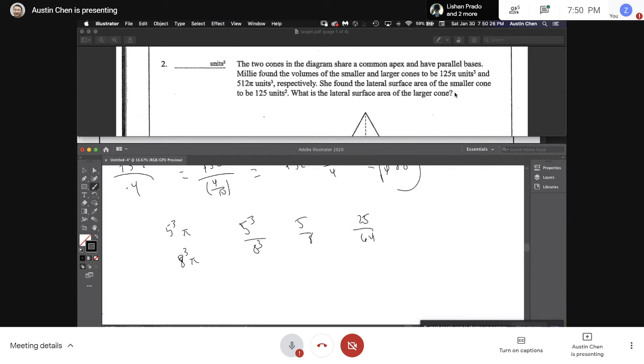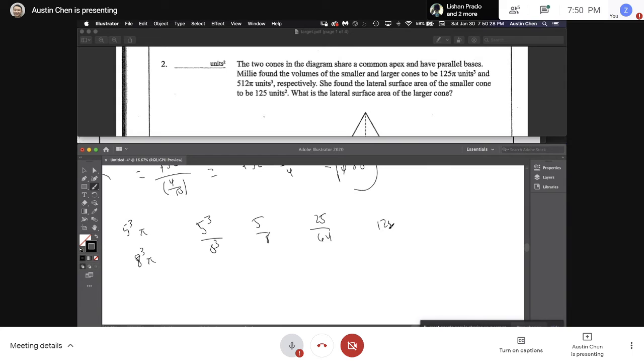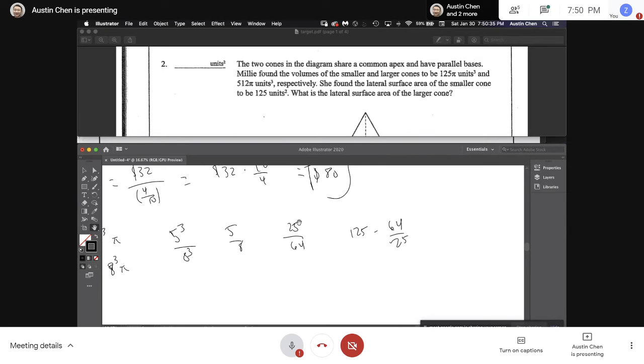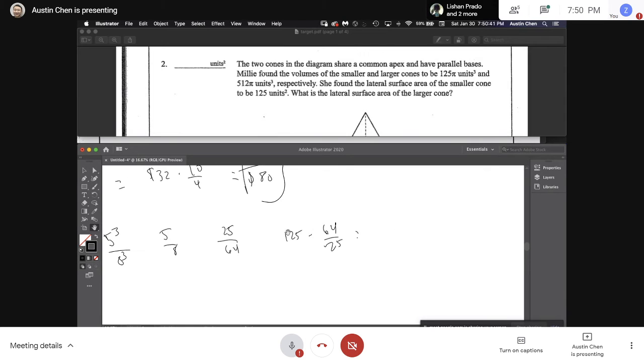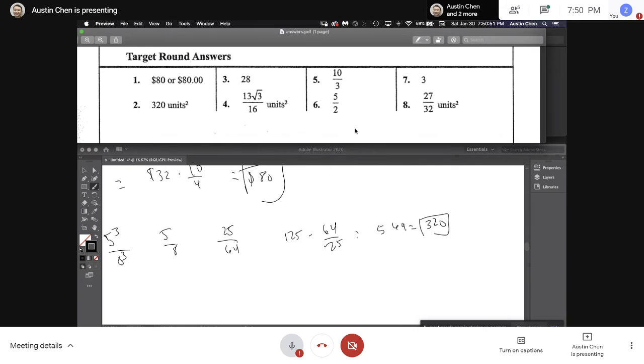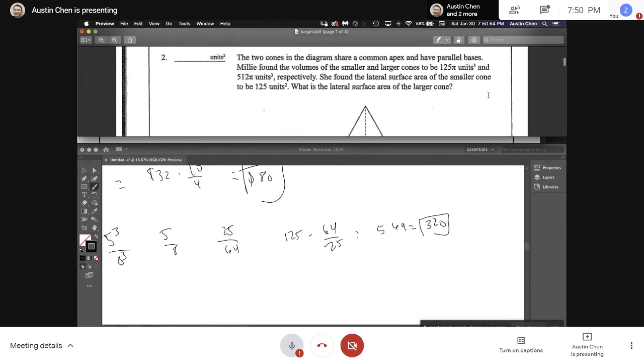And because the area of the smaller cone is 125, we multiply this by 64 over 25. This will get the lateral surface area of our larger cone. So 125 over 25 is 5, and then this is equal to 320. That is our answer. Anything you want to say there, Bill?